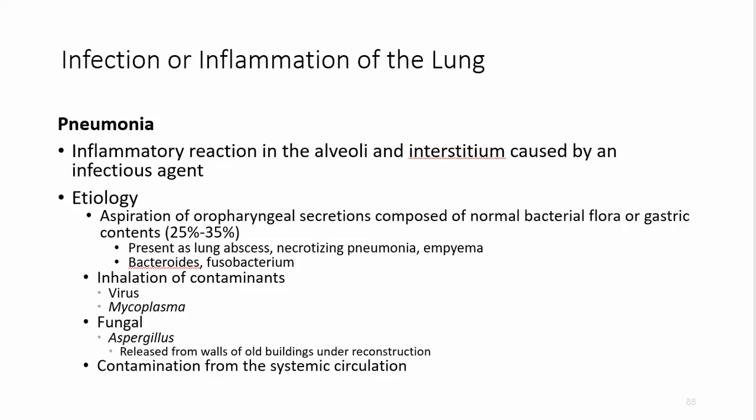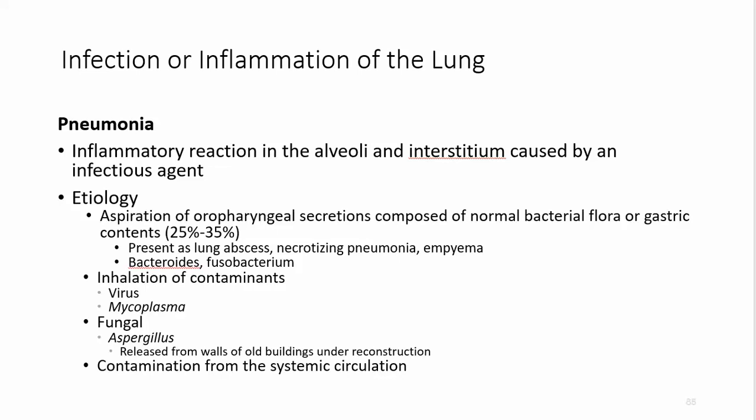It can be inhalation of viruses or oftentimes molds, which is mycoplasma, yeasts, that sort of thing, fungal things. It happens a lot in chicken farmers and things because fungi grow on bird droppings.